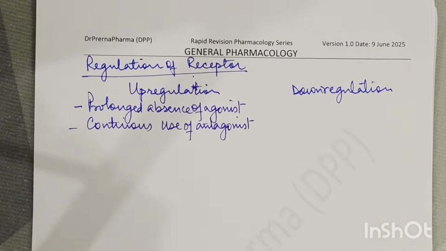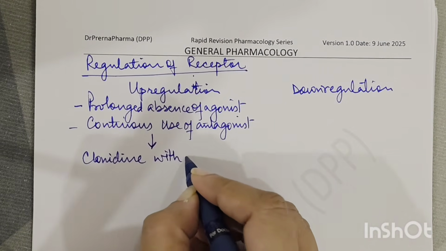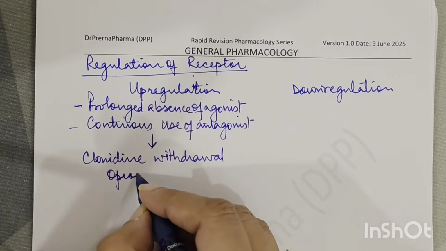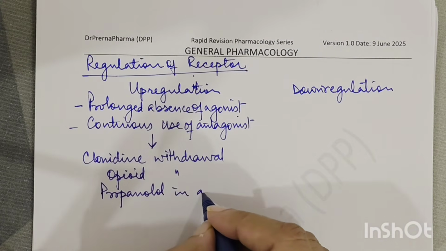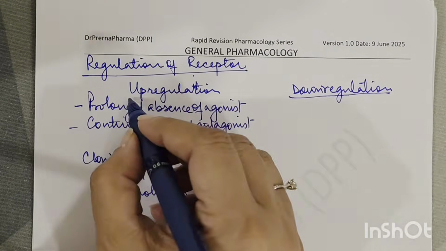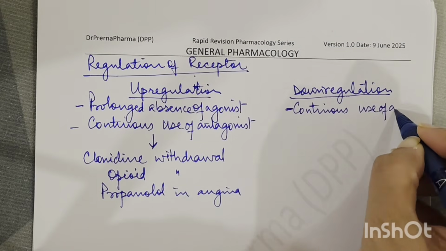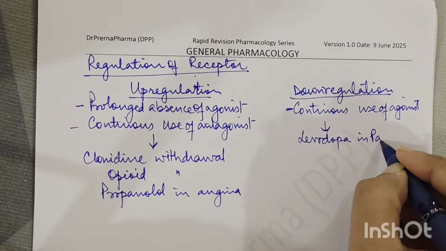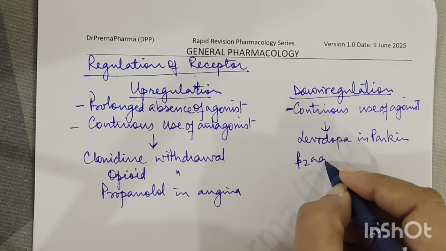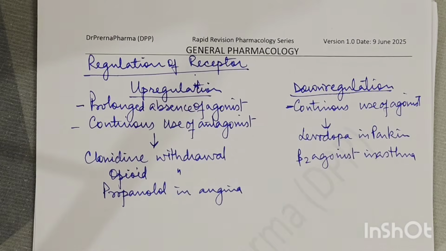So when you use an antagonist for a long period of time, then the receptor will be upregulated, and this phenomenon is responsible for clonidine withdrawal, opioid withdrawal, and propranolol in angina withdrawal, sudden withdrawal. Down regulation occurs when there is a continuous use of agonist, right? For example, levodopa in Parkinsonism. For example, beta-2 agonist in asthma, right? So this is the regulation of receptor.